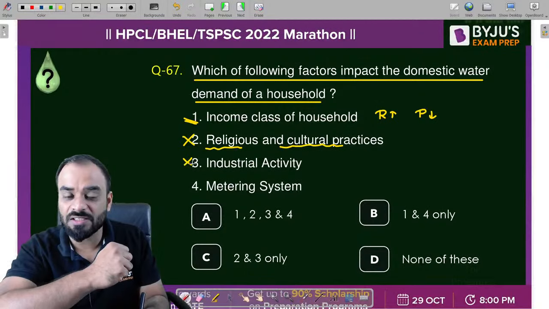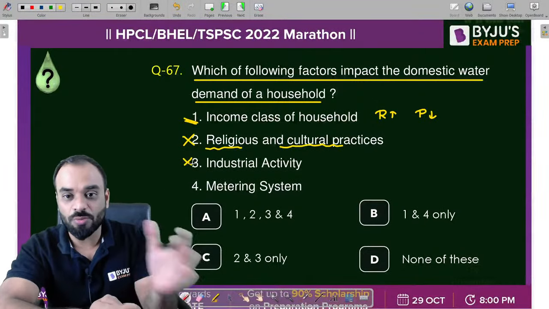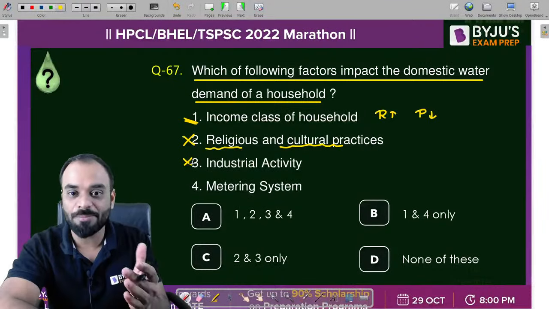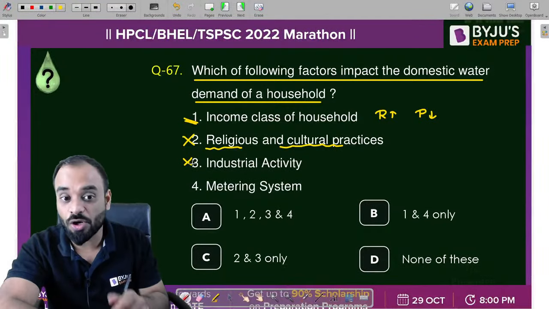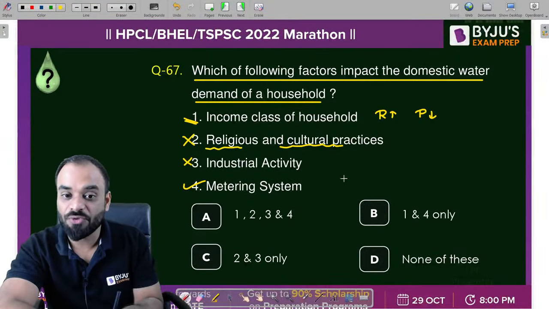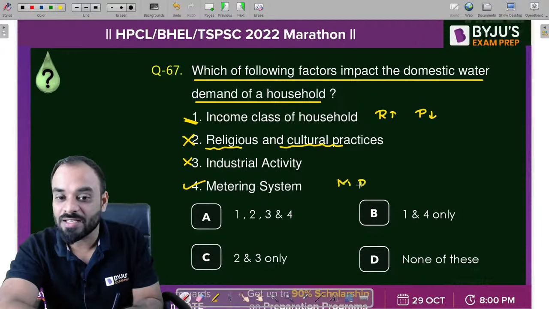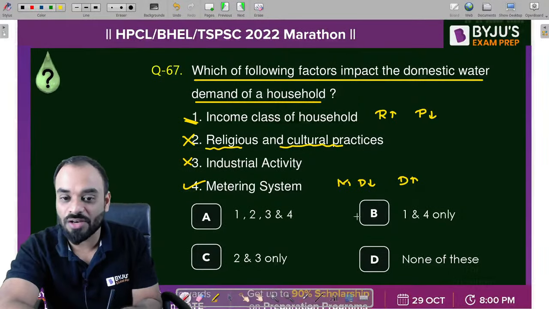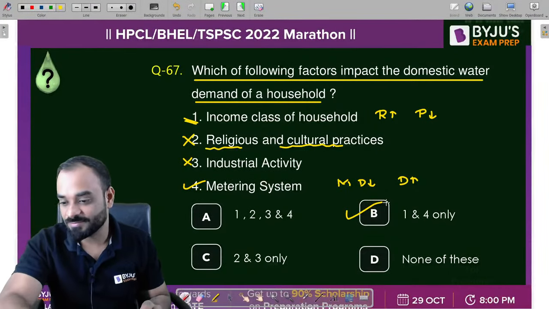Industrial activity is an outside activity which is not done in the household area, so that does not impact domestic water demand. But with a metering system, yes: if you have a meter, then demand is less; if you don't have a meter, then demand will be more. That's why, guys, only 1 and 4 are correct. B is the correct answer.